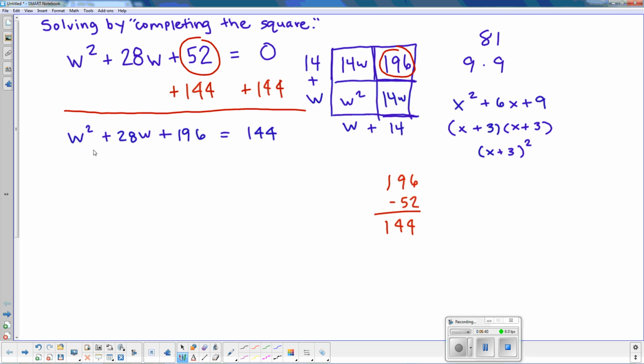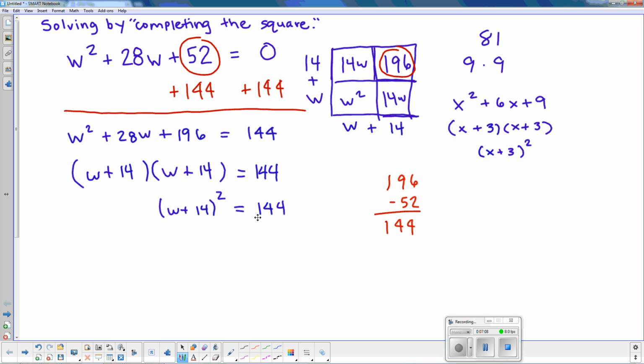So this factors into w plus 14 times w plus 14, and that equals 144. And then we can rewrite that as w plus 14 squared equals 144.